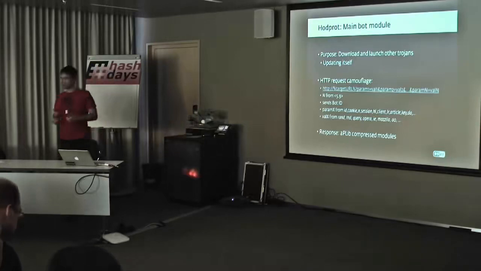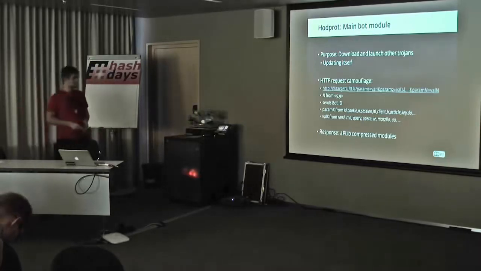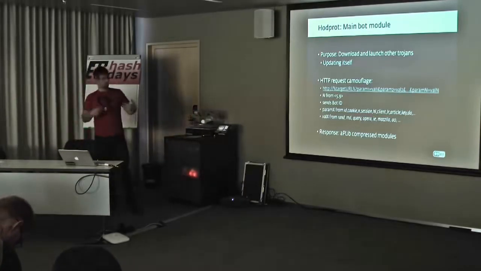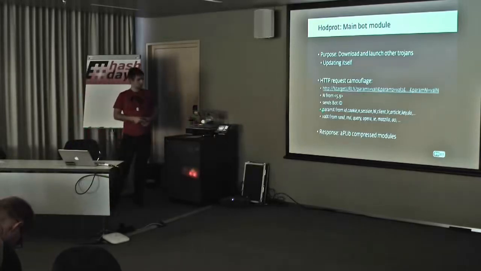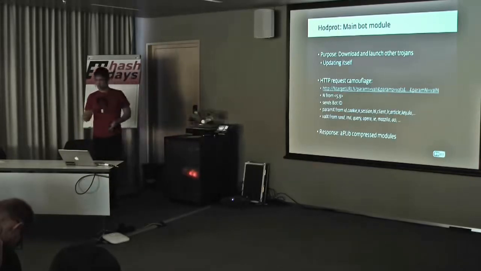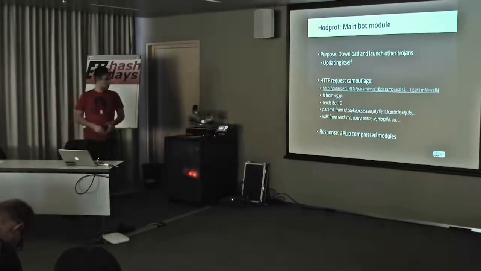One thing that it sends in each case is the bot ID, so the attacker is able to identify the infection. But then additional junk is added to this HTTP request, such as the parameter can be one of these strings and others as well, and the value is one of these. These have no specific purpose. And why is the malware using these? Well, that's to avoid recognizable patterns in the network communication.